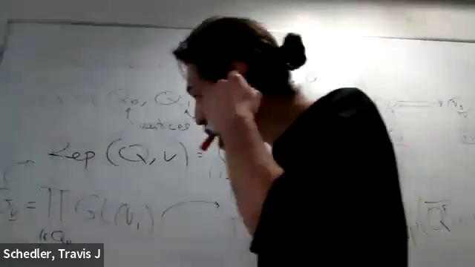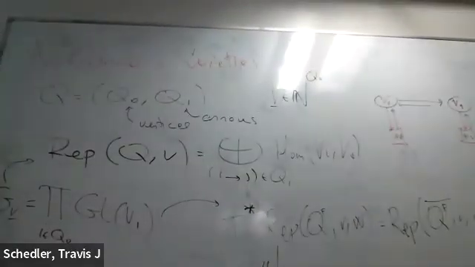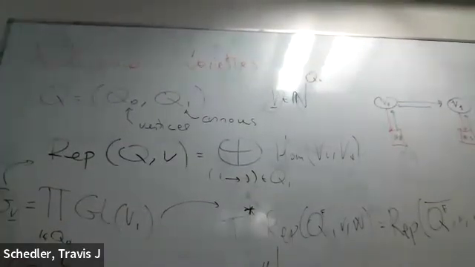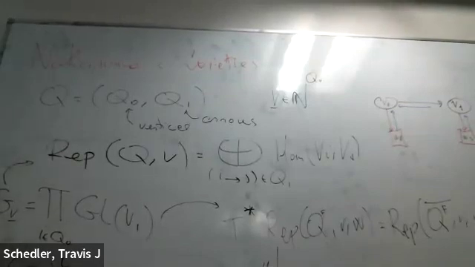And then we can choose a character of our gauge group. This one is just a rational character, Z^{Q_0}. So I'm going to talk about theta in Z^{Q_0}.